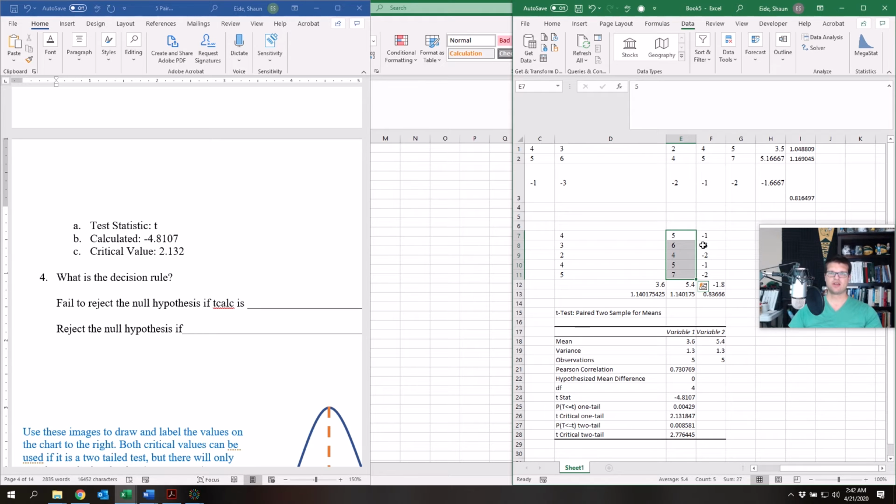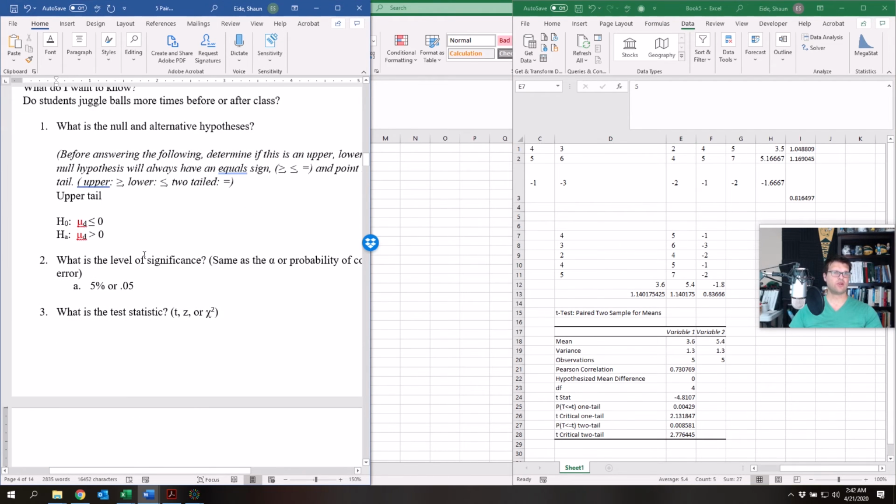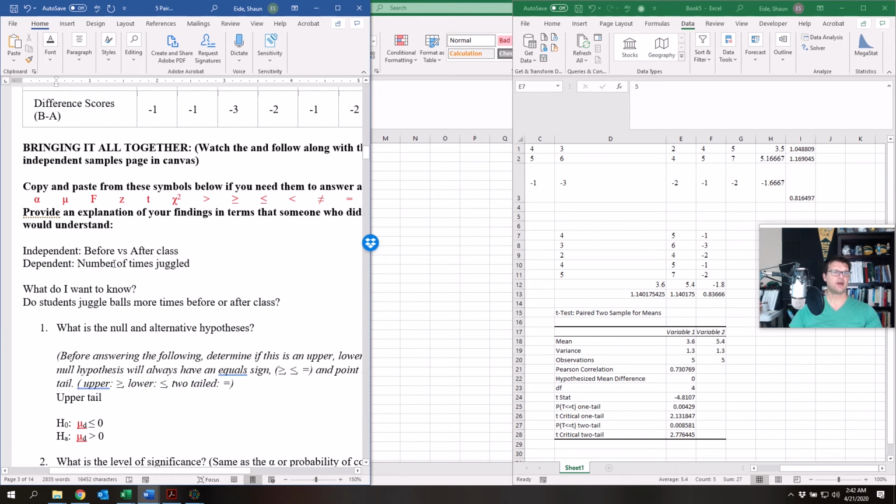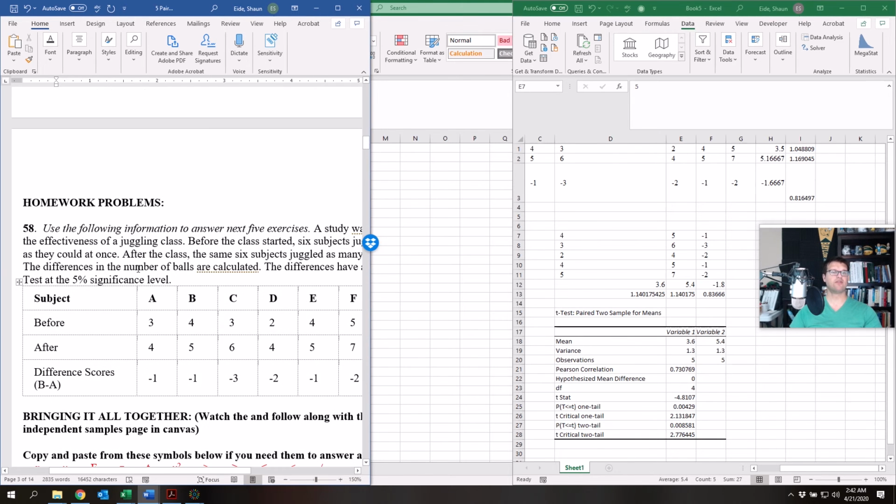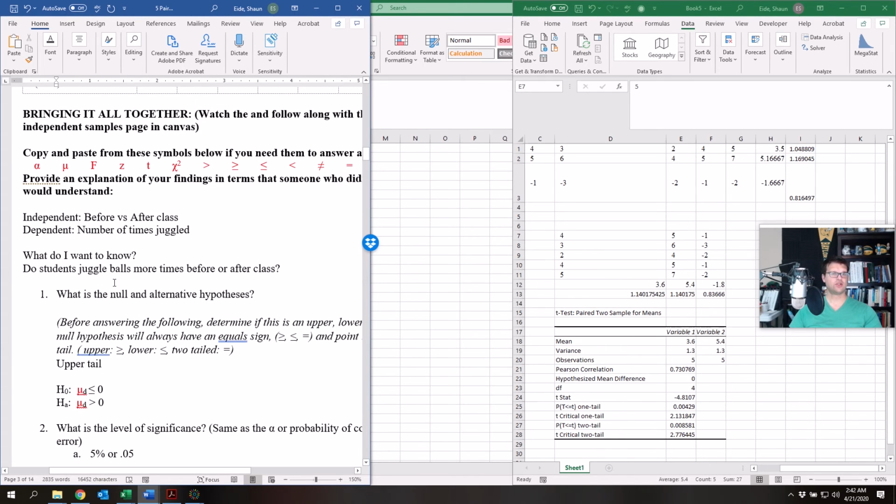So I've got two options, and I'm going to leave it as before and after, but change it to a lower tail test.